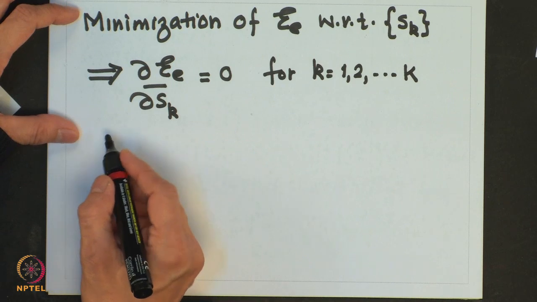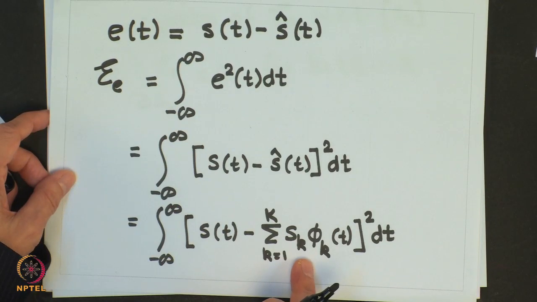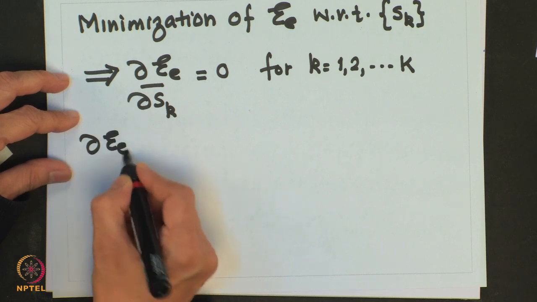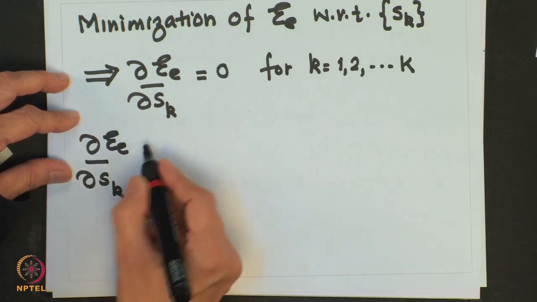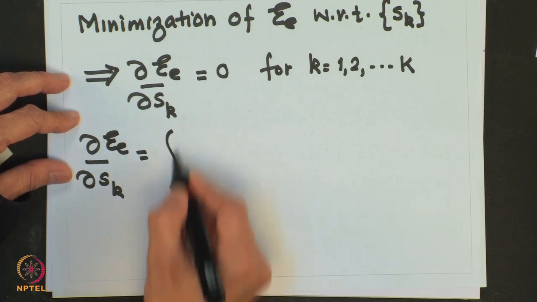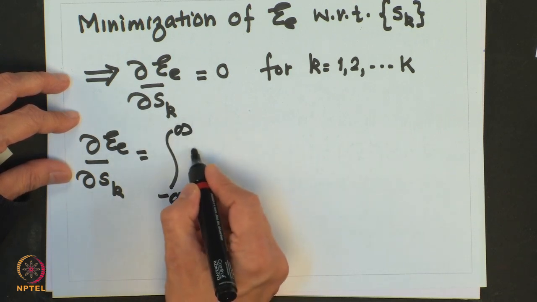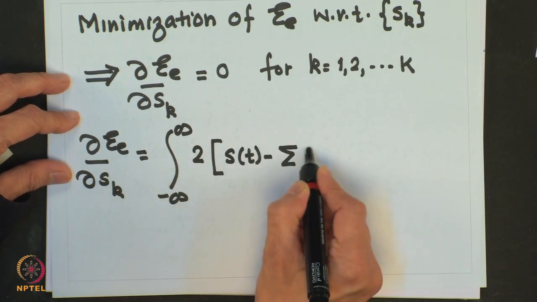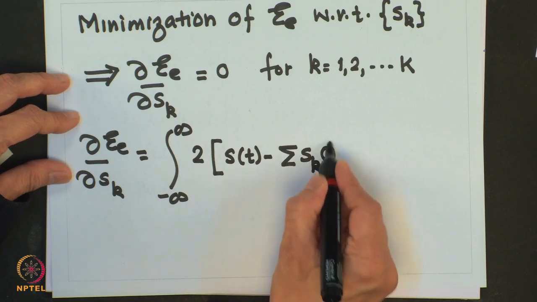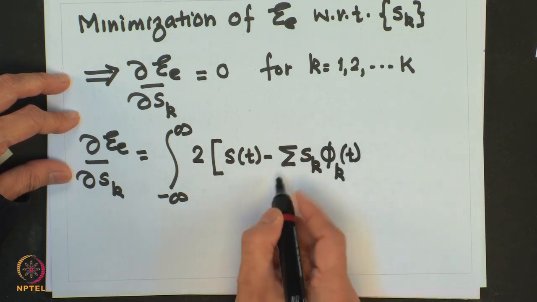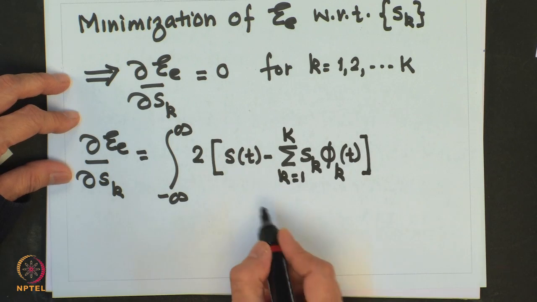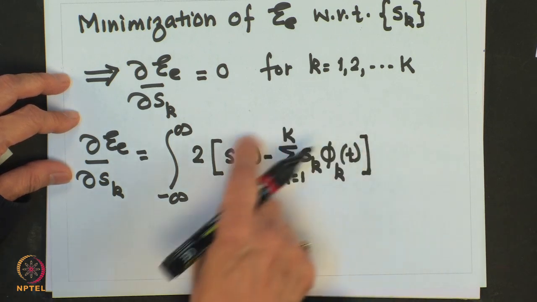Correct. So, this you can easily take the derivative of this, correct, with respect to s_k. So, I will get a factor of 2 times s(t) minus the sum, and then the partial derivative, and then I have to take the derivative of the term inside.